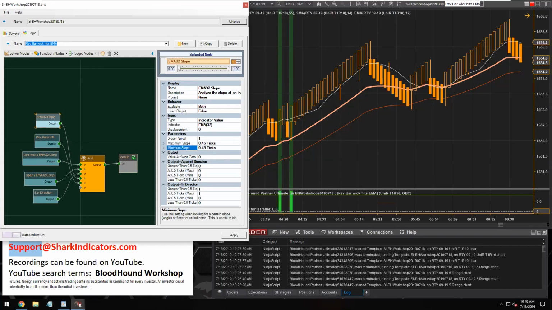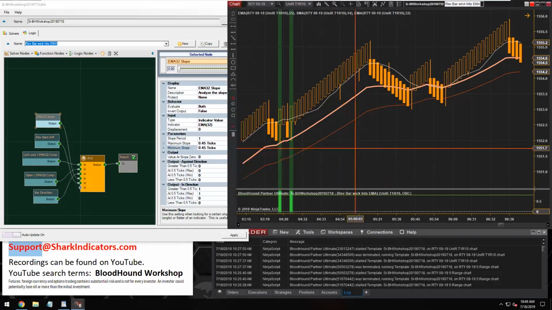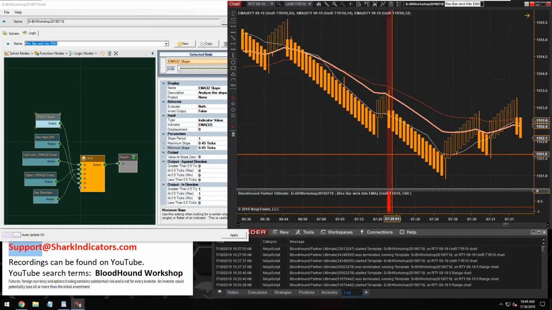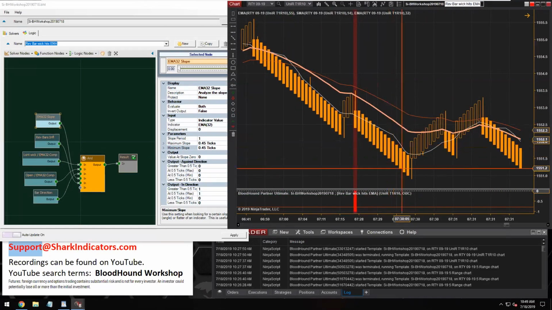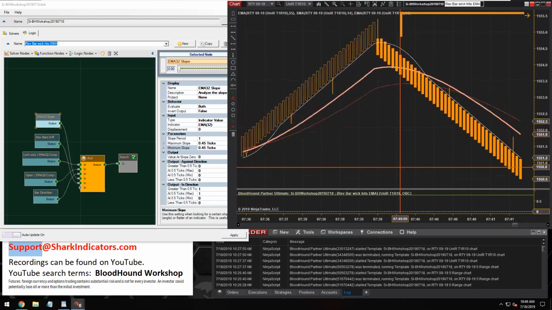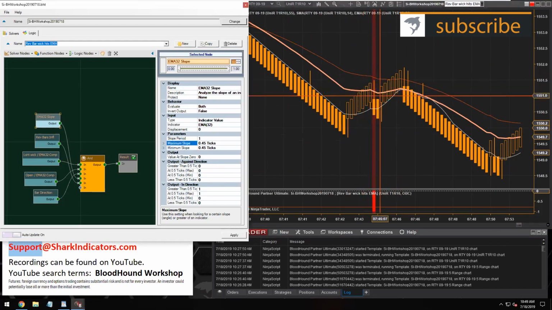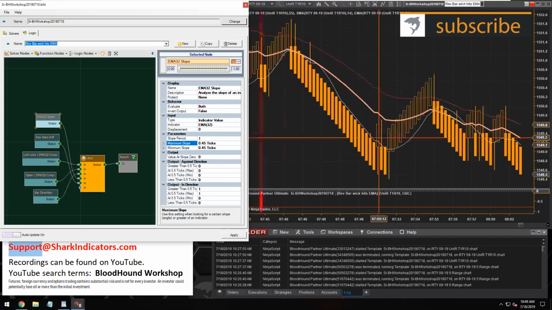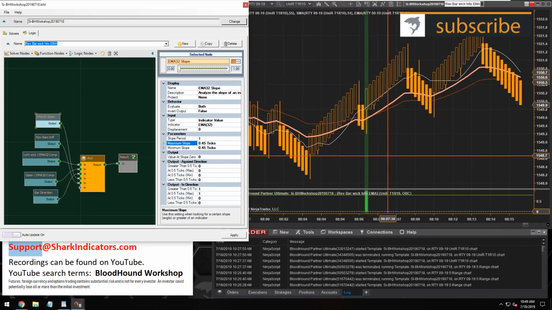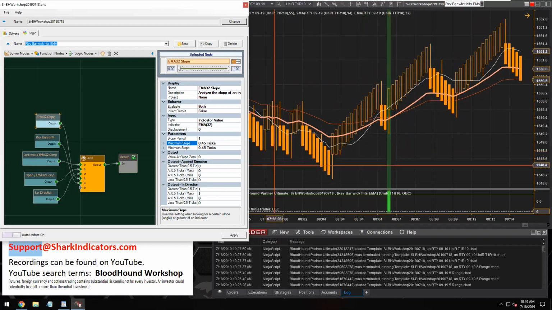Put 0.45 in there, and that might allow some additional signals to get through. Yeah, like this one, I don't think this was there before with a slope of 0.5, so I think we gained an extra one there. So, yeah. All right. Okay.